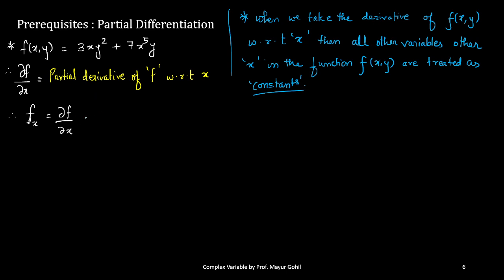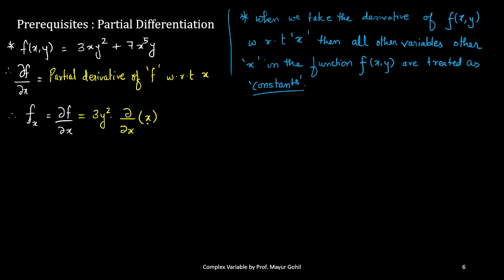So when we go for taking the derivative, let us calculate it. I'll do it with the yellow color now. So the derivative here is going to be: 3y square is constant, and you take the derivative of x with respect to x.